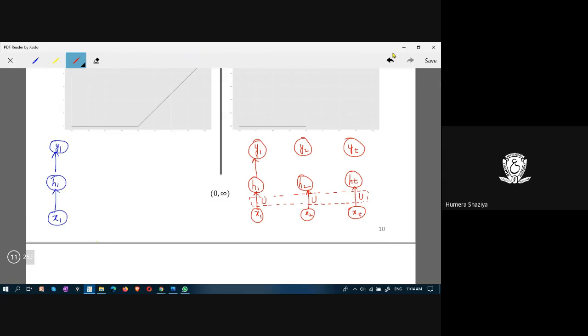Then from hidden units to output units, we have V, V, and V. These are the connection weights between hidden units and output units.